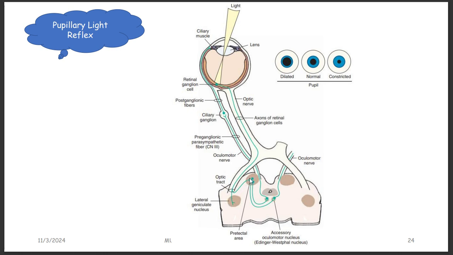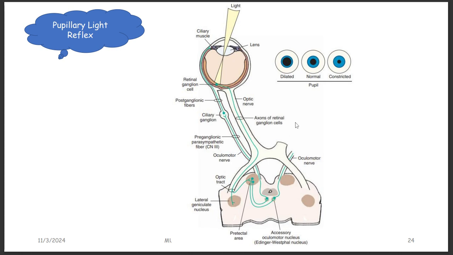So now the fibers from the lateral geniculate nucleus can project to the pretectal area. And then from the pretectal area, I have fibers projecting to the accessory nucleus of the oculomotor. And that is going to go via cranial nerve number 3. Then you are going to have these fibers passing through cranial nerve number 3, and these are innervating the oculomotor.